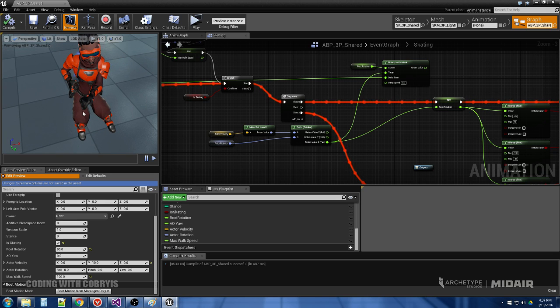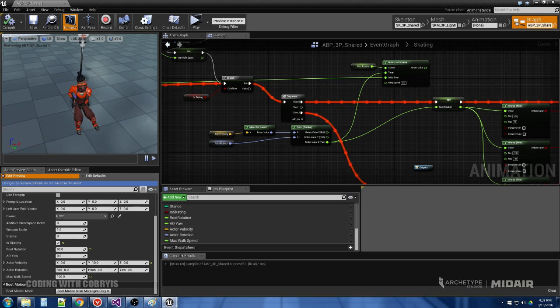And we are facing, though, forward, right? So let's change our rotation a little bit. Let's hit. What is happening?